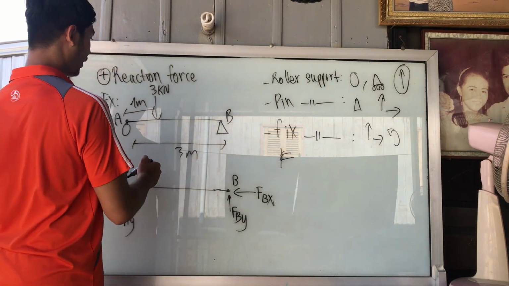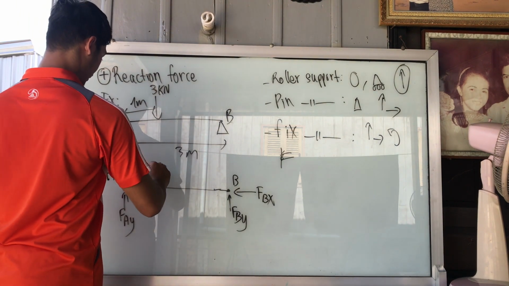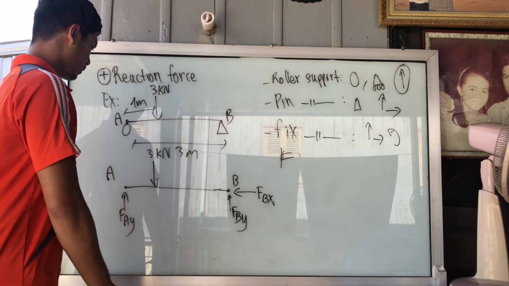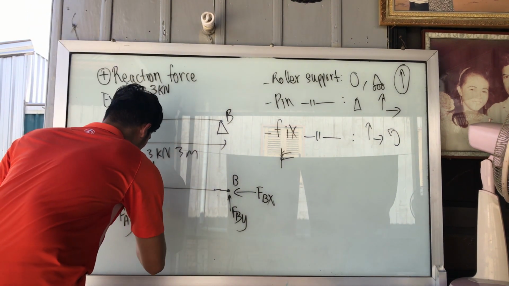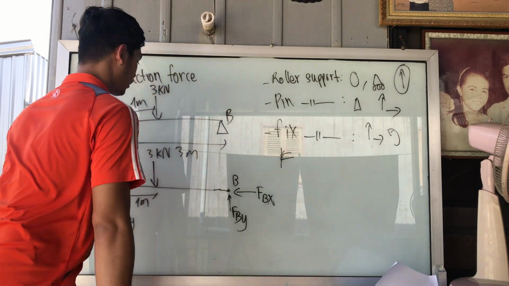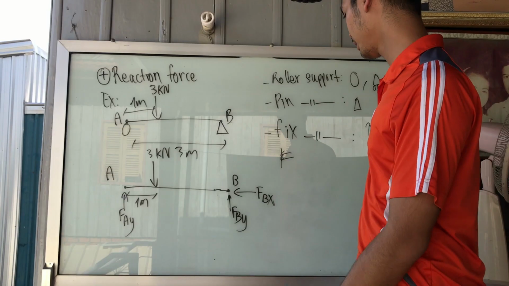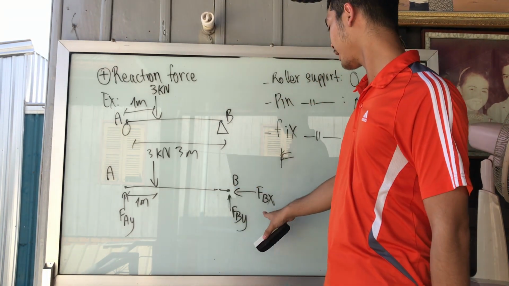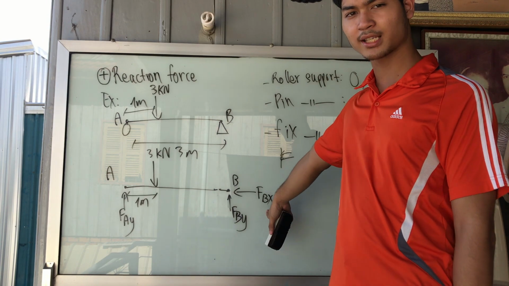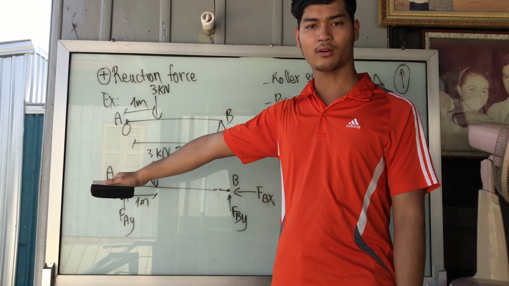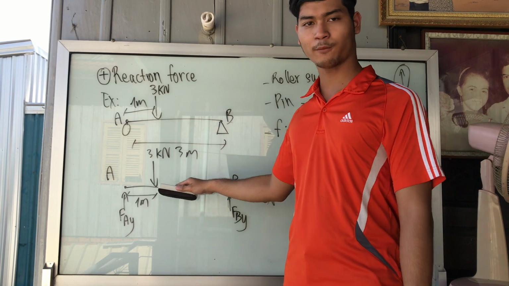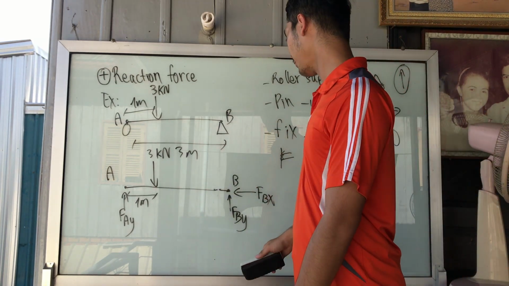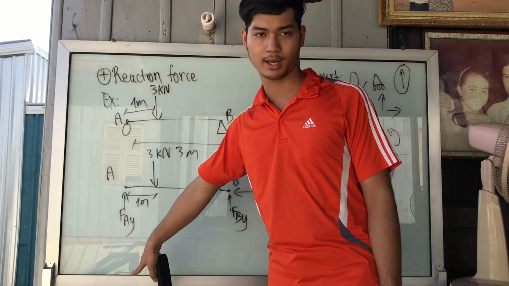Okay, so we have 3 kilonewton, 1 meter from point A. Let's try to find this force and this force. As you can see here, FBH has no reaction because in the horizontal X direction there is no force reacting with it. So FBH equals 0. And then we only need to find FBY and FAY.